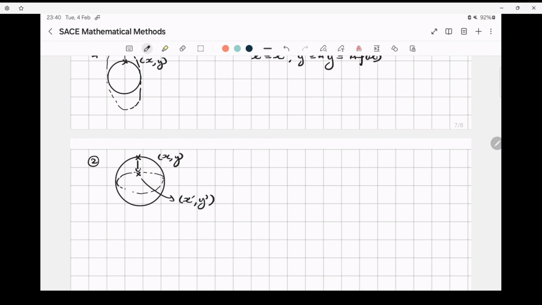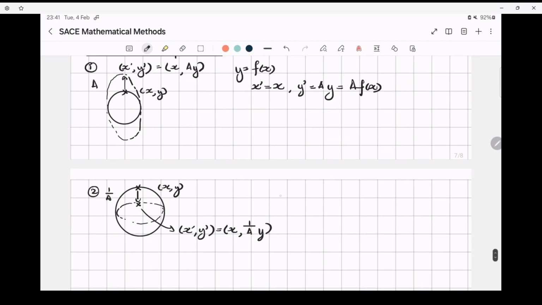So what will be the relationship? In terms of the x, you are still the same. Let's say the compression factor is 1 over a. Then your y prime will become 1 over a times y.